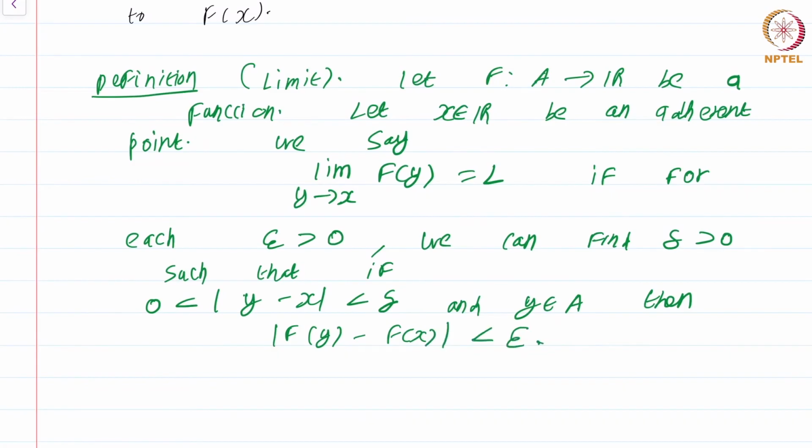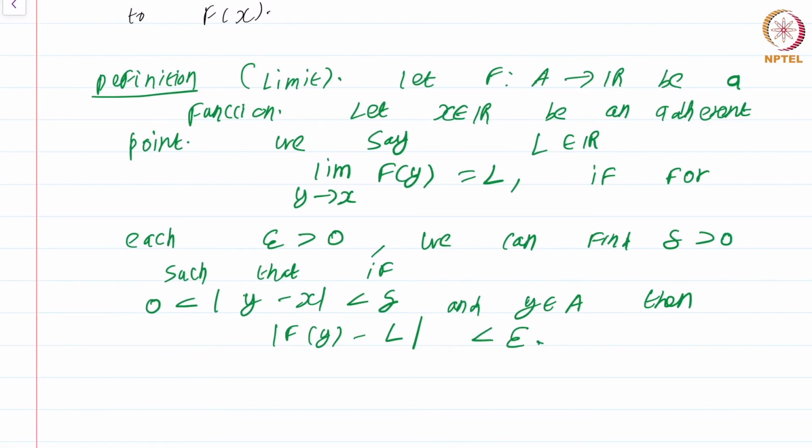Okay, so let me just read out the definition again. We are given a function f from A to R. You take any adherent point. Oh, sorry, I made a slight mistake. This is of course capital L. Okay, and let me write L is an element of R. So we have a function f from a set A to the real numbers. We pick an adherent point.